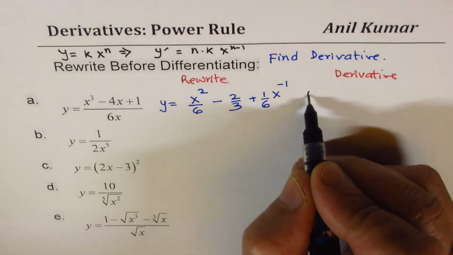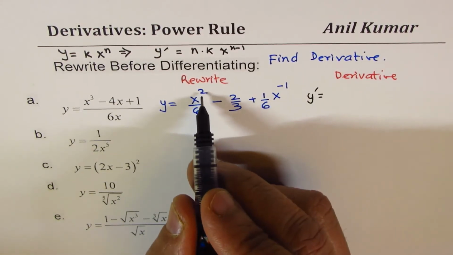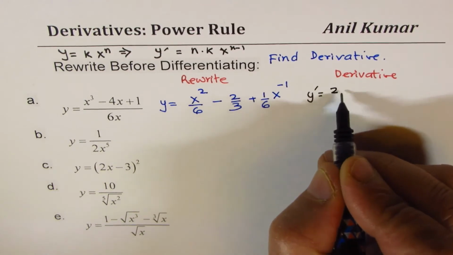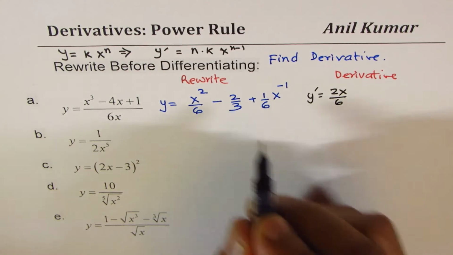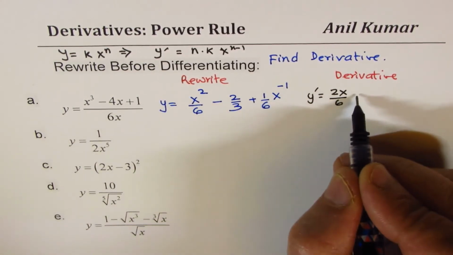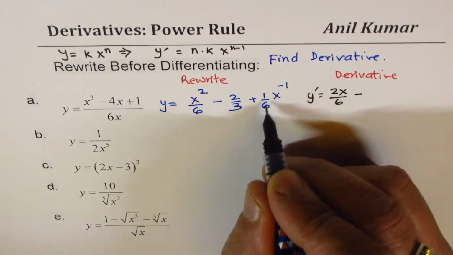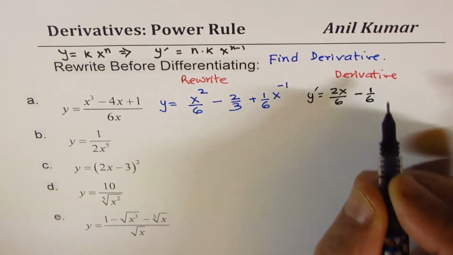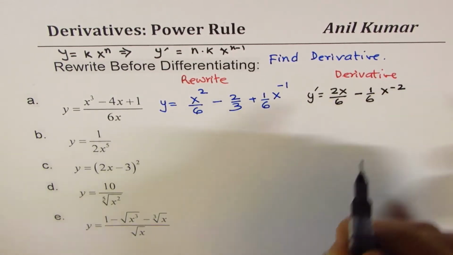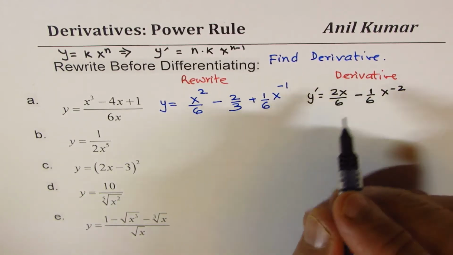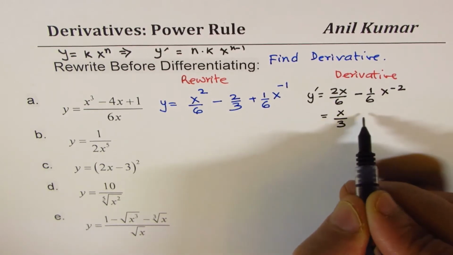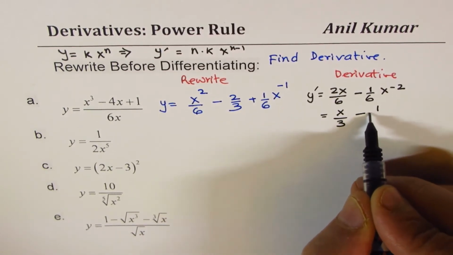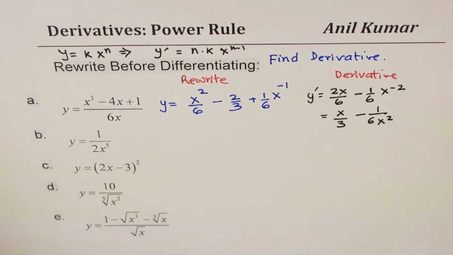So in this case the derivative is going to be 2x over 6. The constant will be 0, and minus 1 gives minus 1 over 6 times x to the power of minus 2. Now you could simplify and write your result, which will be x over 3 minus 1 over 6x squared. You get it. So that is how you have to do all these derivatives.